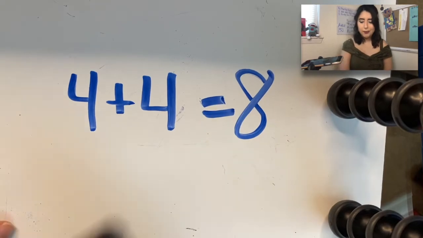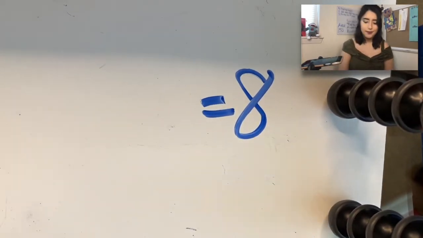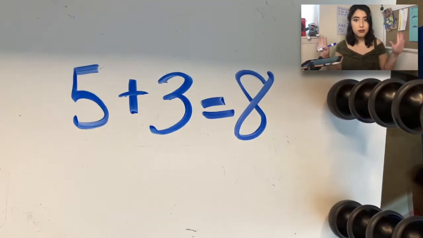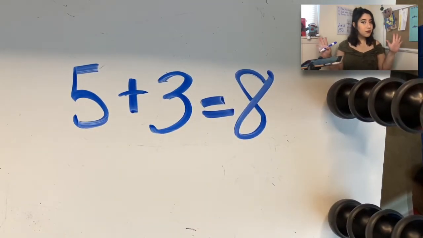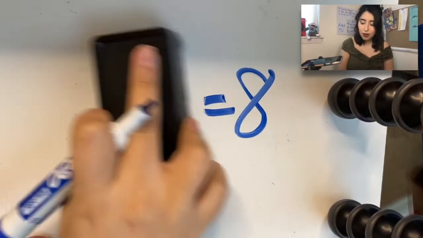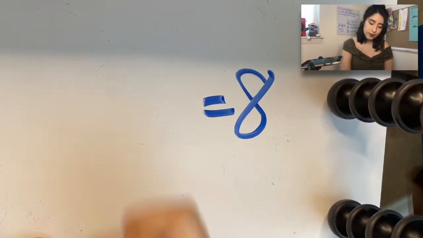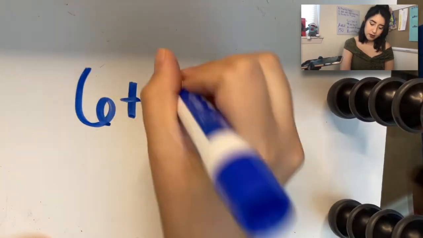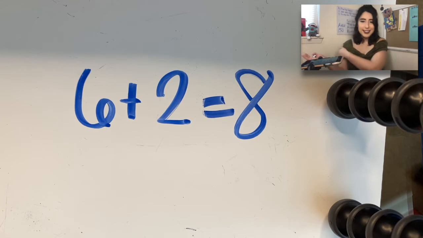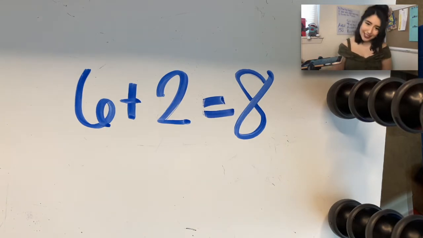Wow, you guys are so fast at reading these. Try this one. Five plus 3 equals 8. Whoa. Six plus 2 equals 8.